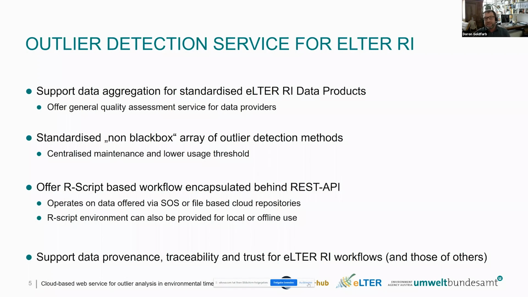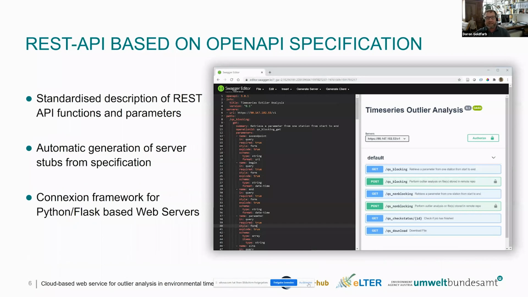Okay, so the idea is to encapsulate the RScript behind the REST API. Many of you might have heard about the so-called OpenAPI specification, which is an approach to standardize the description of REST APIs. It is based on a JSON or a YAML description of the functions that the REST API should provide. The idea is to provide such a standardized description, which can then be used to automatically generate server stubs for many different platforms.